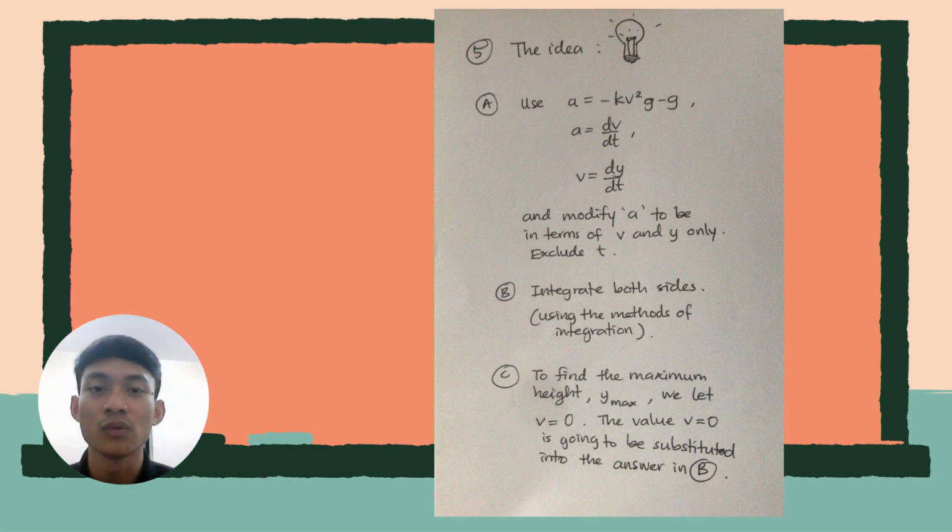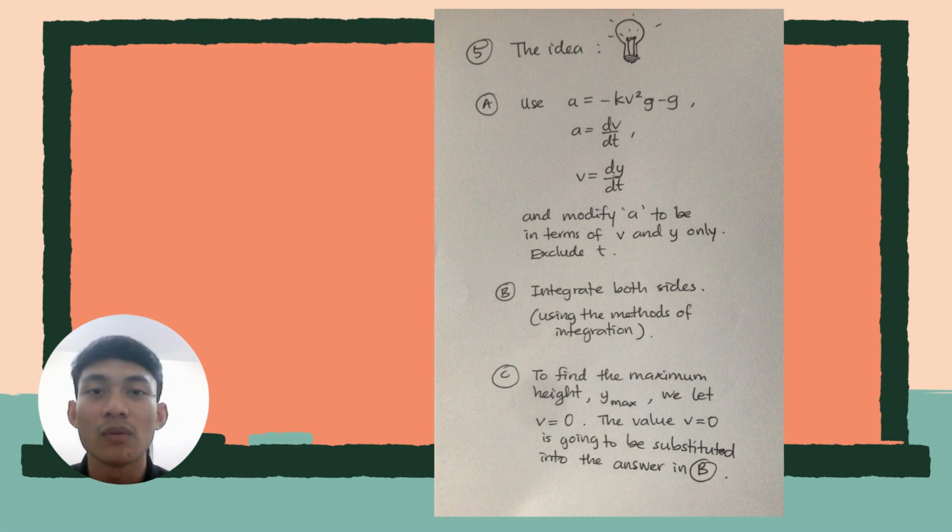We need it in order to modify a equals negative kv²g minus g. We want to substitute a with something in order to make the equation just be in terms of v and y only. We don't want t and whatnot. So we are going to modify a by using these three pieces of information.